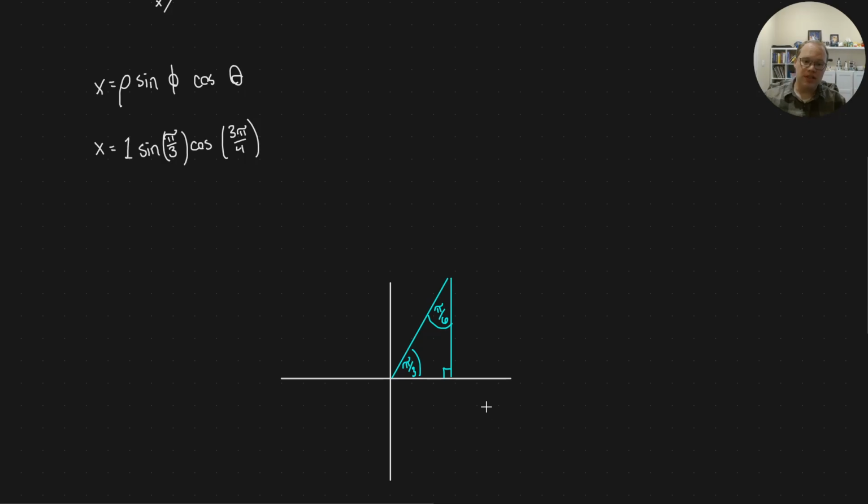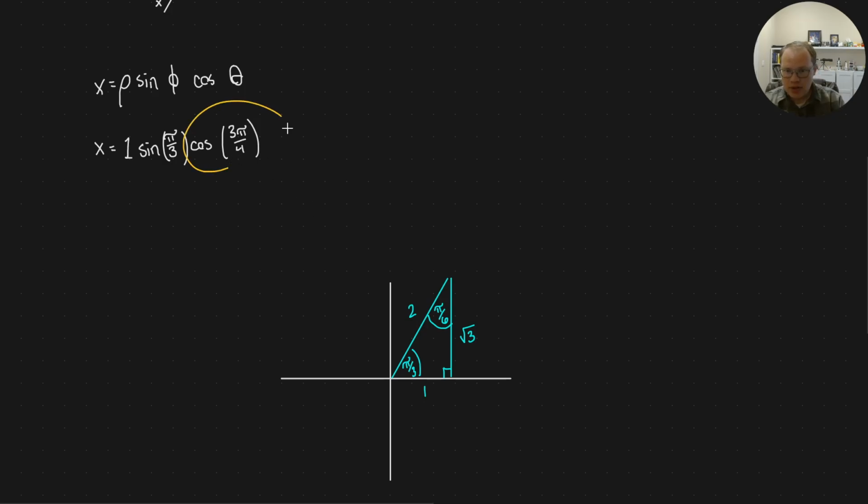Because it's a 30, 60, 90 triangle, I know the ratios of the sides are going to be 1, 2, square root of 3. And I remember which side goes where, because bigger sides are always opposite bigger angles. So my biggest side, the biggest number, is 2. The biggest angle is 90 degrees, so they're opposites. The smallest angle is 30 degrees, and it's opposite the smallest side, which is 1. And so that's pi over 3.